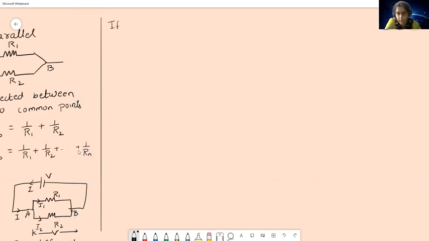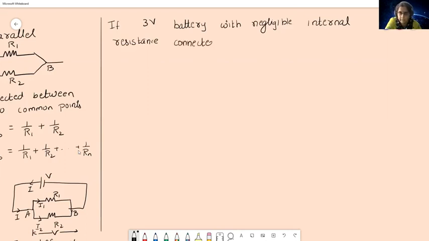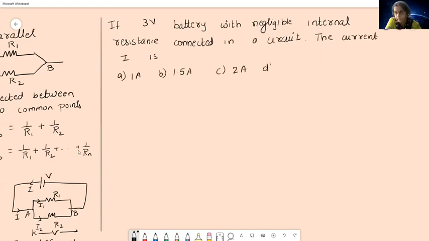If I have a 3-volt battery with negligible internal resistance connected in a circuit, the current I is: A, 1 ampere; B, 1.5 ampere; C, 2 ampere; D, 1 by 3 ampere.